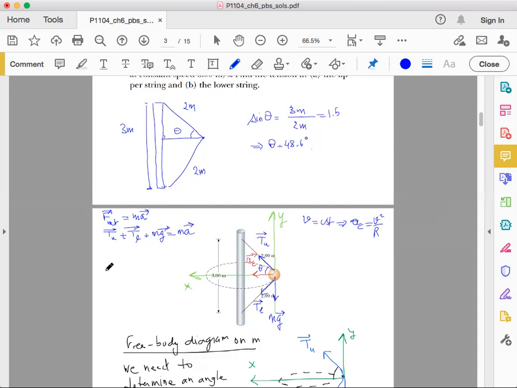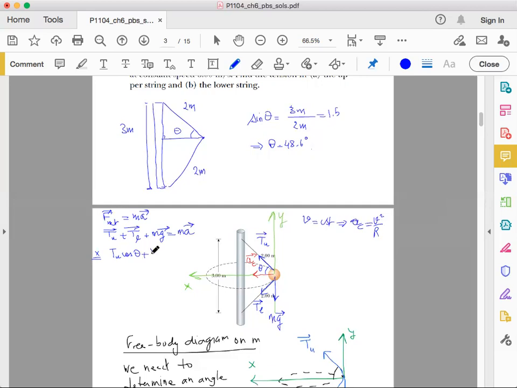Now we have to make the projections onto the two axes. So let's start with the x-axis. We have plus TU cosine theta, because it's in the same direction. This is the projection of TU onto the x-axis, and then we have the projection of TL onto the x-axis.